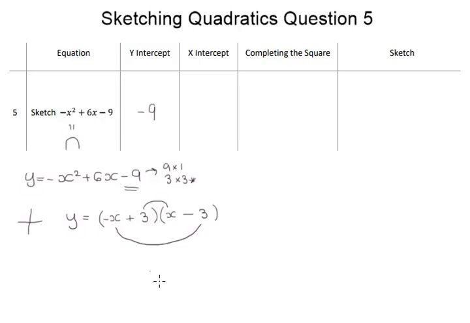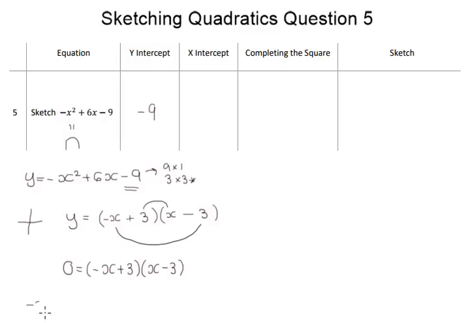Remember, to find where it crosses the x-axis, we know that y is equal to 0 at this point. So let's set y equal to 0, which gives us this equation here. Well, when y is equal to 0, we know that at least one of these brackets is also equal to 0, because they're multiplied together, and 0 times anything always gives me 0.